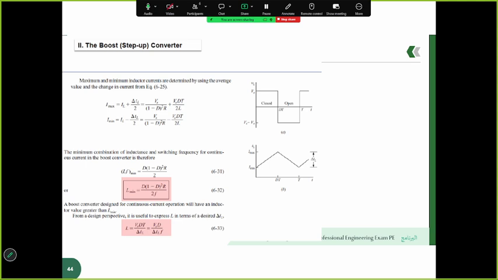From a design perspective, the slide also provides a useful relationship for expressing the inductor value L in terms of the desired current ripple, delta IL. This allows the designer to select a suitable inductor based on their specific ripple requirements.